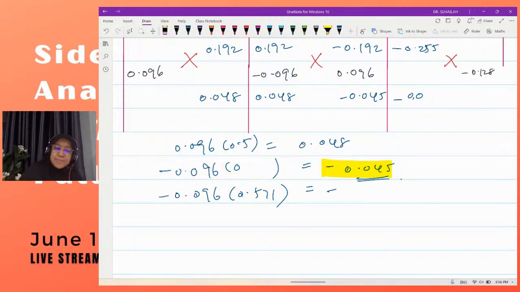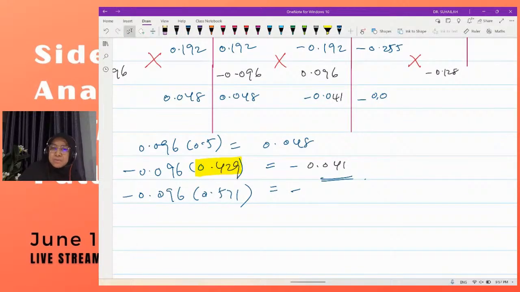This is 0.429, right? 0.429 times 0.096. 0.041 or 45? 0.041. Okay, 0.041.